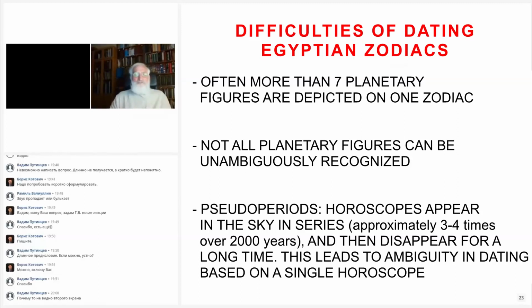In other words, over this period, it appears several times, and then disappears. Therefore, when there's just one horoscope, it is generally a poor dating method. It's ambiguous. This means that for this horoscope, there will be another solution after a few hundred years. If this is meant for future generations, if it's directed towards eternity, it's not very reliable.